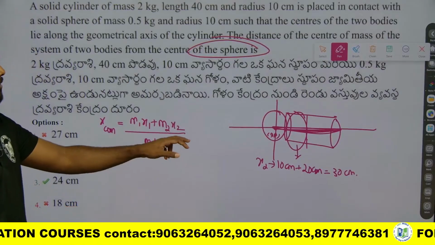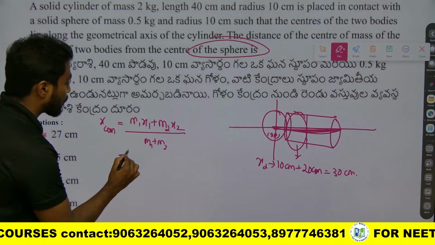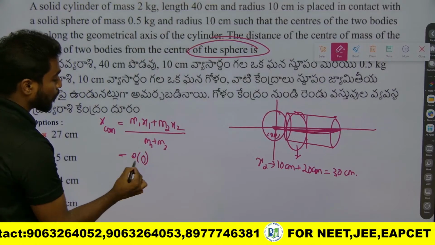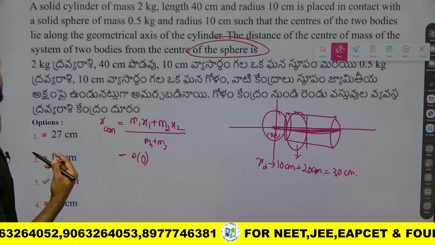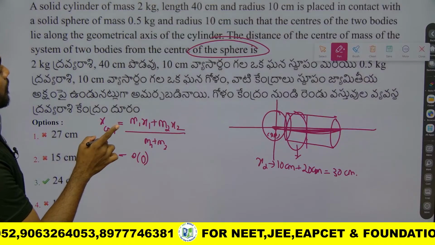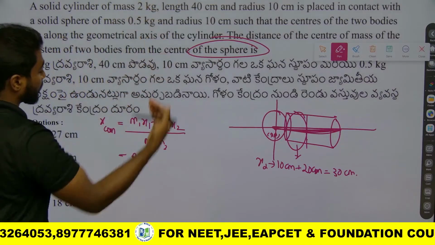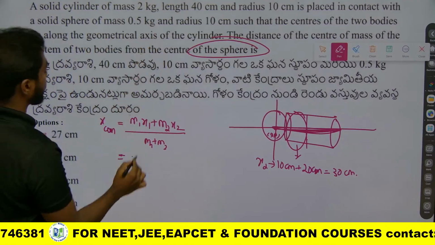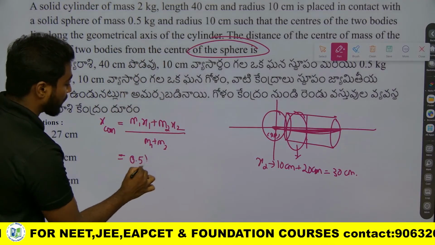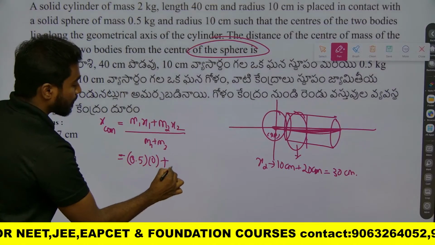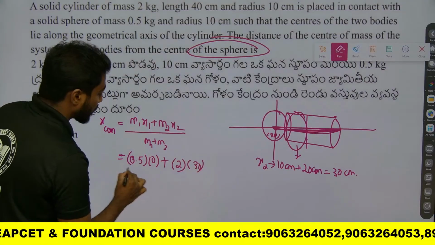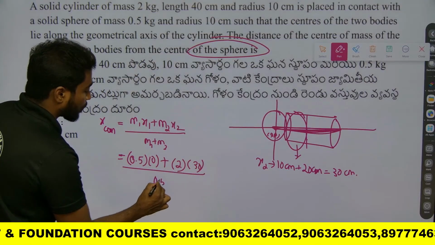Now I can easily find the center of mass. So m1 is given as 2 kg, the value of x1 is 0, right? Oh, this is for the cylinder, right? Okay, this is 0.5 kg for the sphere. So 0.5 into 0 plus the mass of the cylinder, 2 kg, and x2 is 30, divided by 0.5 plus 2.